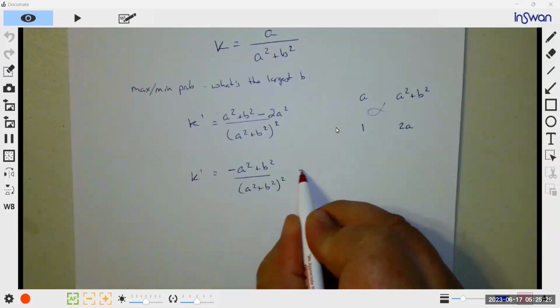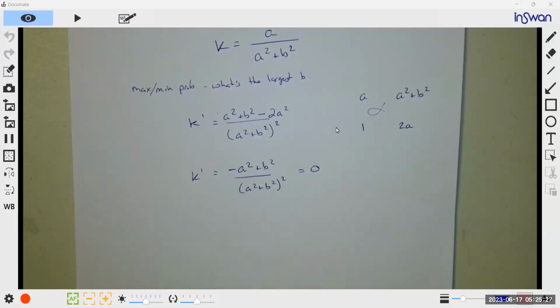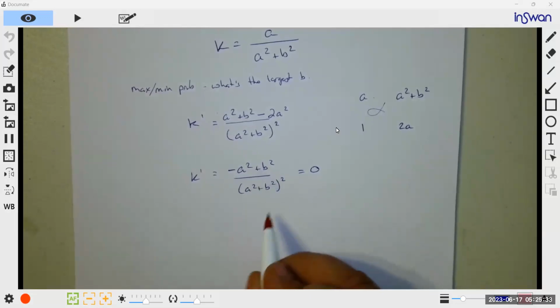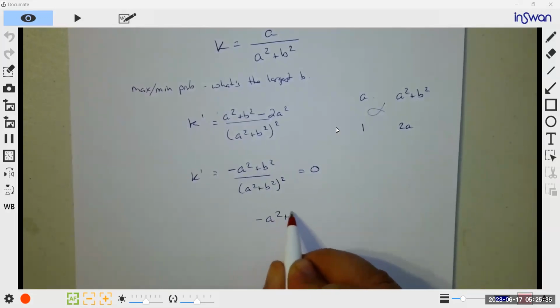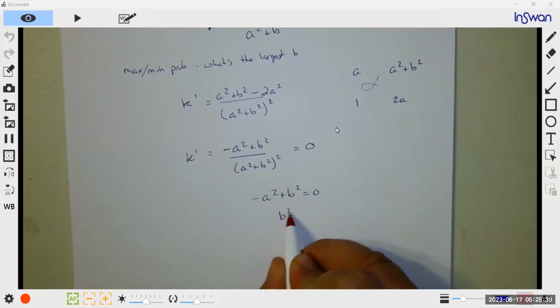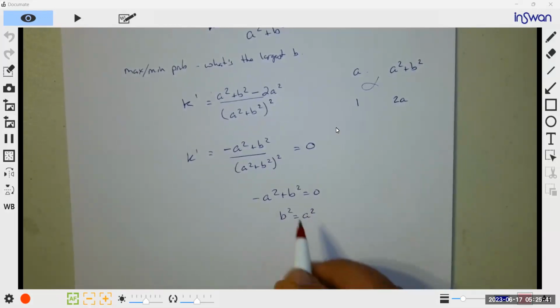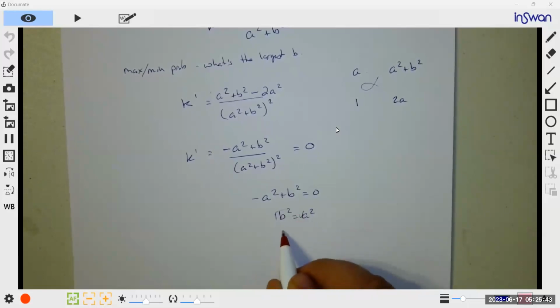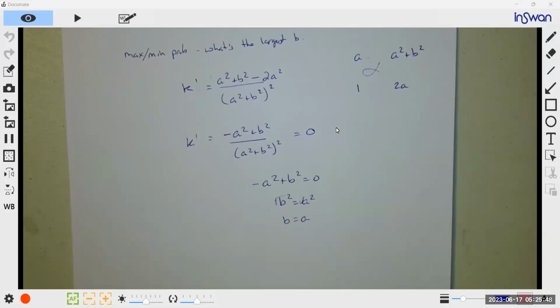And to find the maximum, we set it equal to 0. The only time a fraction can equal 0 is if the top is equal to 0. So we know that b squared is a squared, square root both sides. B equals a.